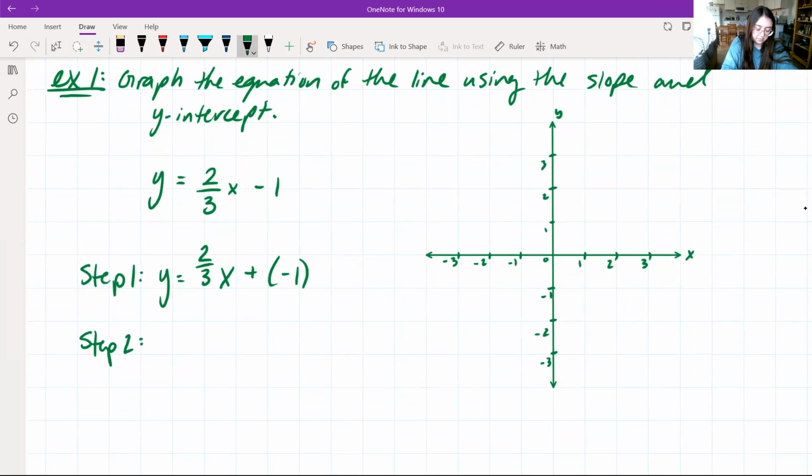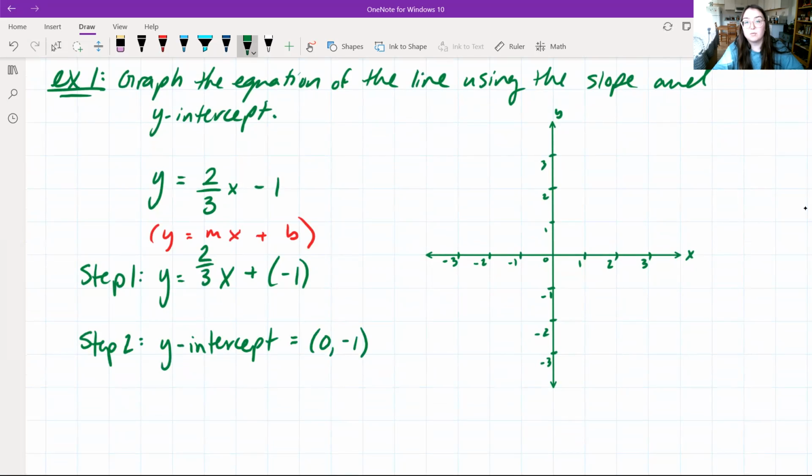Step two, we want to identify the y-intercept. Our y-intercept is our value of b. So remember, this is y is equal to mx plus b. So our b in this case is going to be -1, and our y-intercept is going to be at (0, -1).